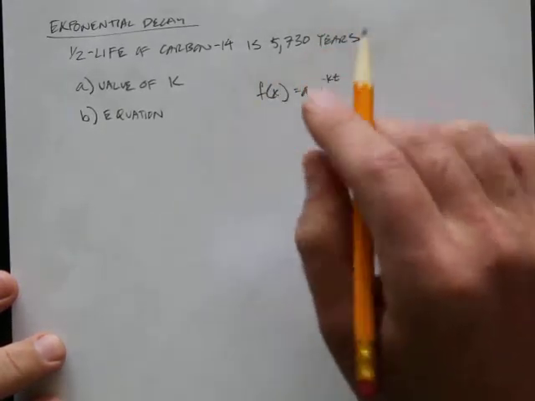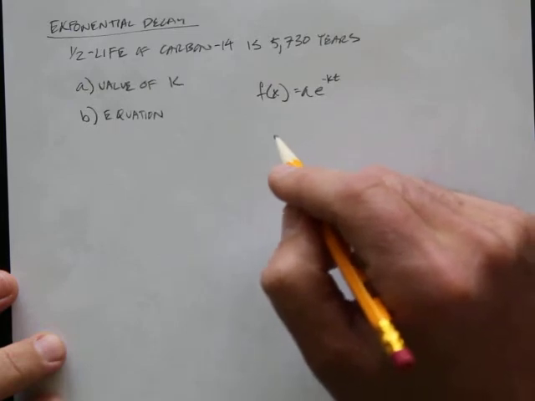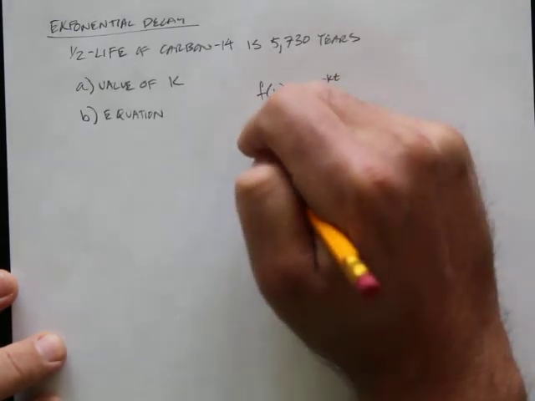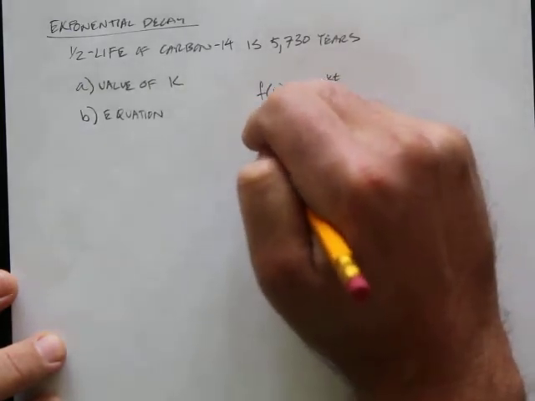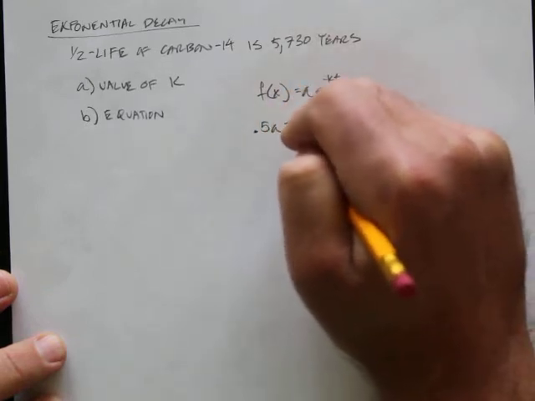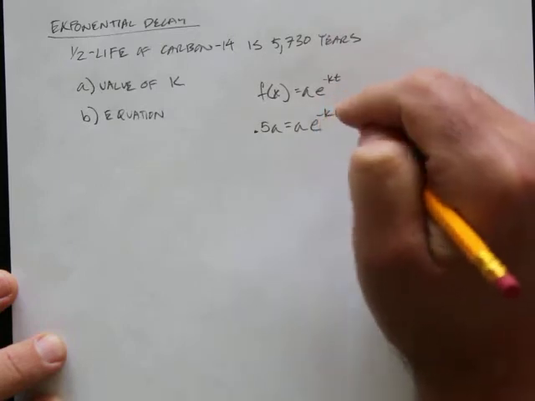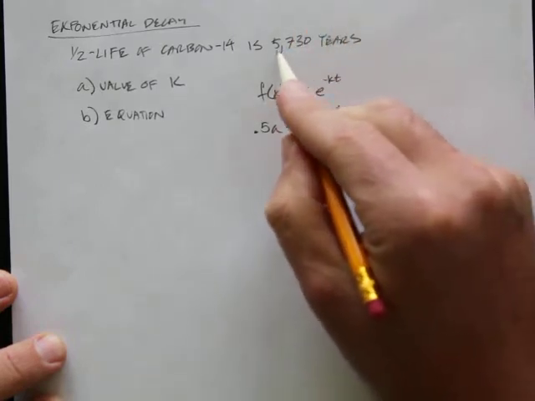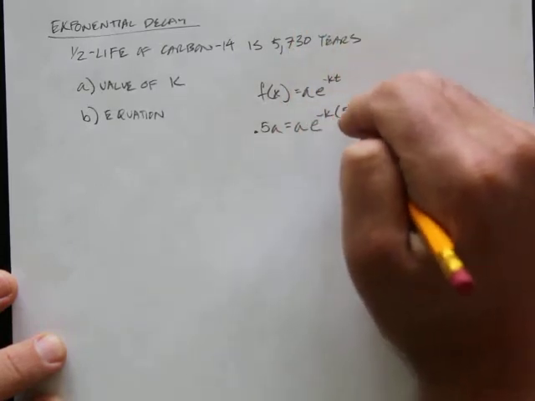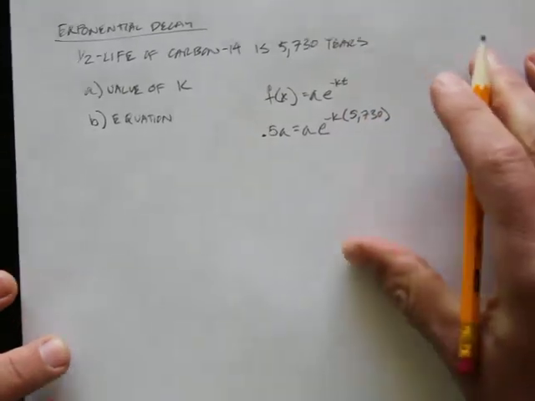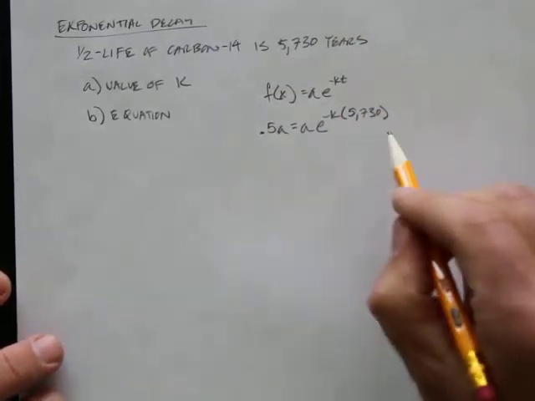So this first part is a little bit tricky. So let me write this down. So 0.5a equals a times e to the negative k, and then my time is going to be 5,730 years. Okay, so now I've written this out and you're like, what are you talking about?